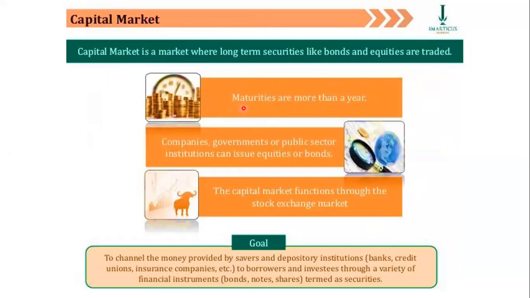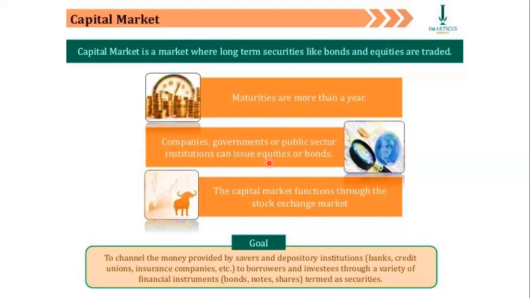When we look at the features of the capital market, the instruments' maturities are more than a year. Companies, governments, and public sector institutions can issue equities or bonds.